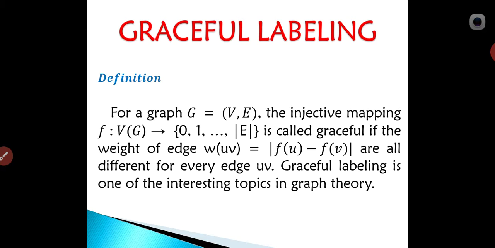Also the edge condition is w(uv) equal to |f(u) minus f(v)|, the difference between the end points of the vertices. When the graph satisfies the graceful labeling condition, then it's called graceful labeling of the graph.